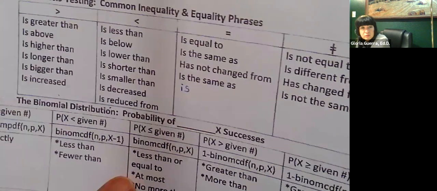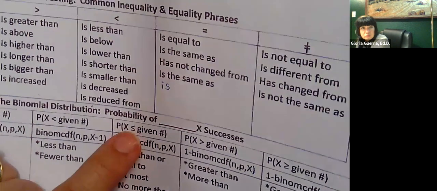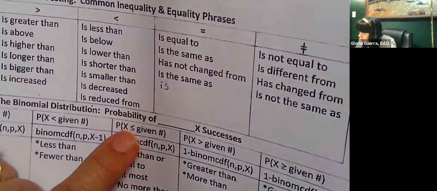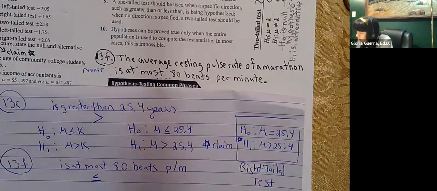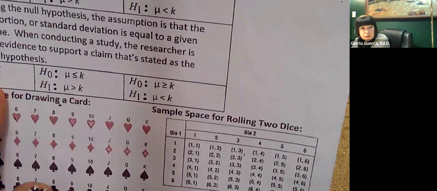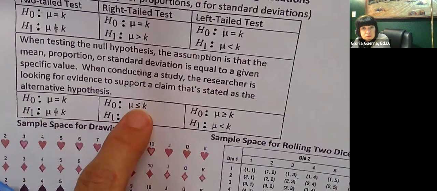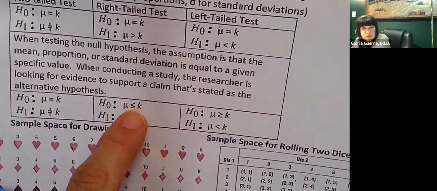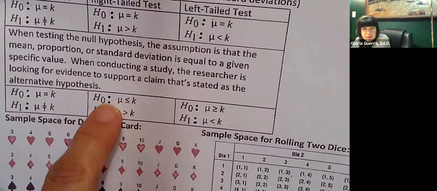See "at most" right there? See that symbol there? Less than or equal to. So then I go to the bottom and look for that symbol, less than or equal to. There it is right there. See that? And that's where my star goes, on my claim.